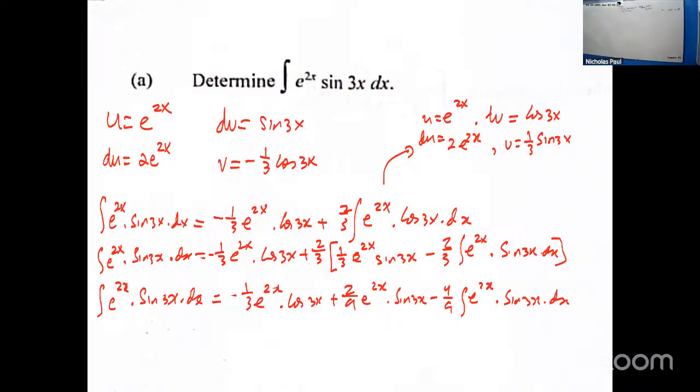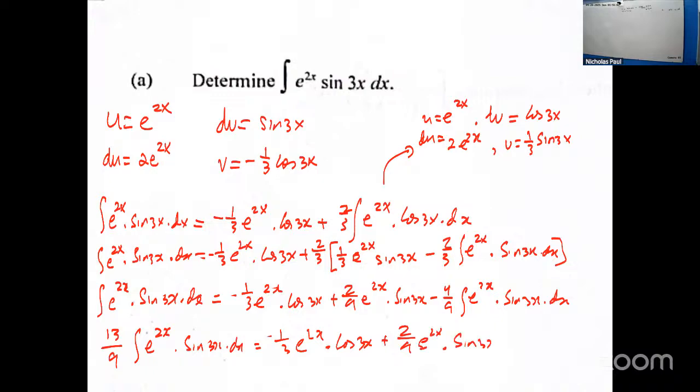Bring everything on the left side and you will end up with, I ran out of space there, so I just go and add it. Watch this here. I'm going to move across minus 4/9 to the left side. So I'll get 1 plus 4/9, so I'll end up with 13/9 times the integral of e to the 2x sine 3x dx, equal to minus 1/3 e to the 2x cos 3x plus 2/9 e to the 2x sine 3x.